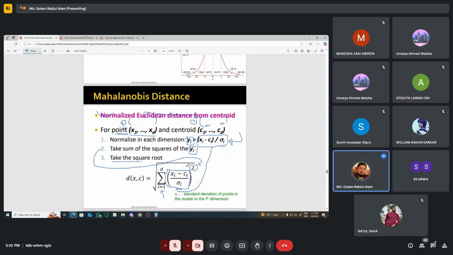Then we will get the Mahalanobis distance from x, that is from P, to C.